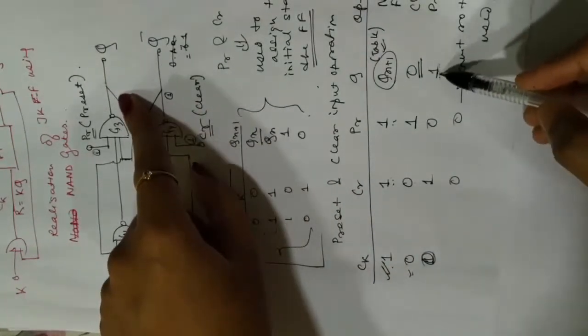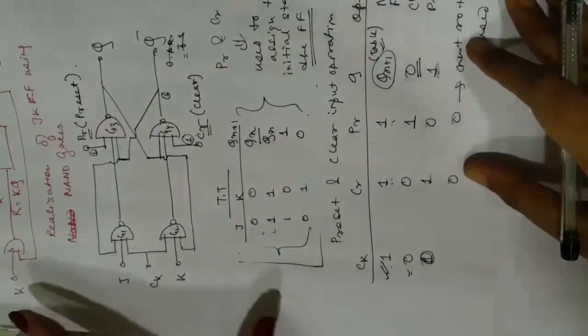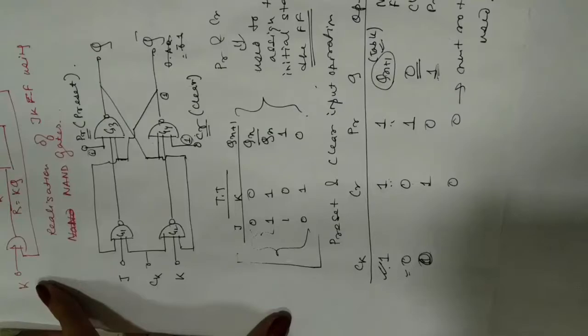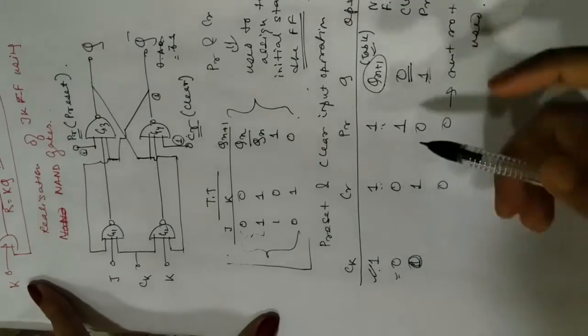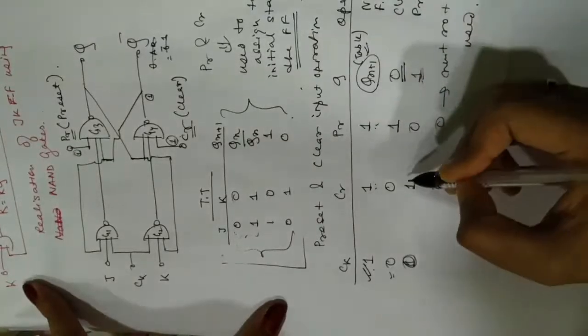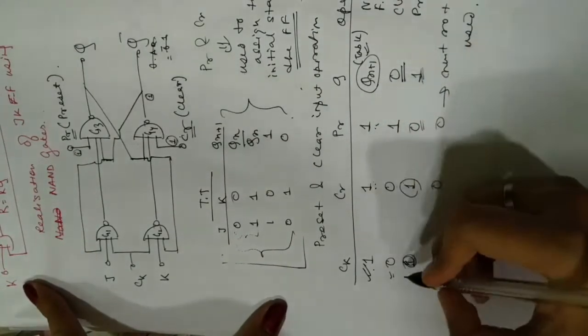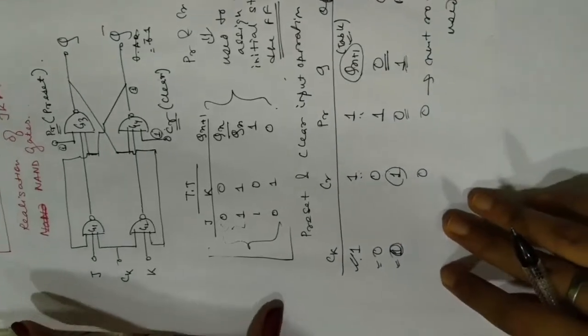That means our Q becomes 1, and Q becomes 1 means Q bar automatically becomes a 0, right? So if you want to assign the initial state of Q to be 1, you have to put CR equal to 1 and PR equal to 0, right?